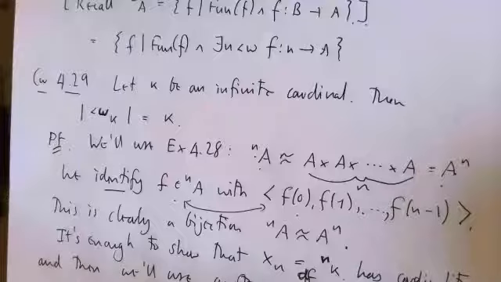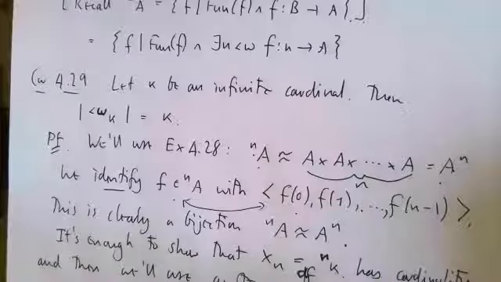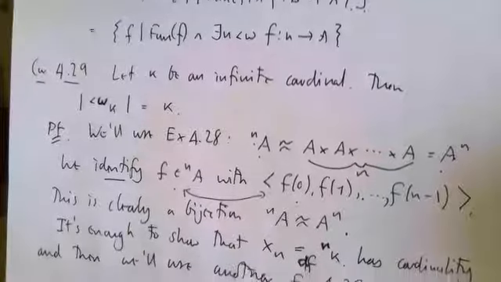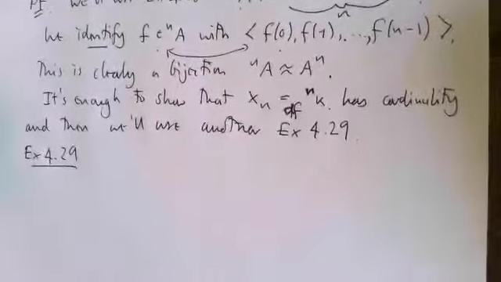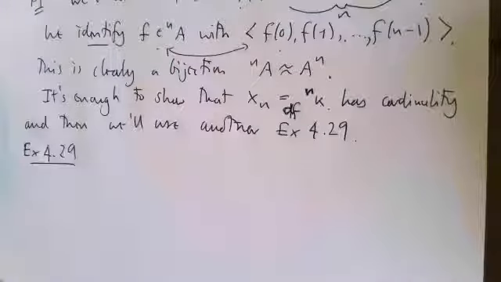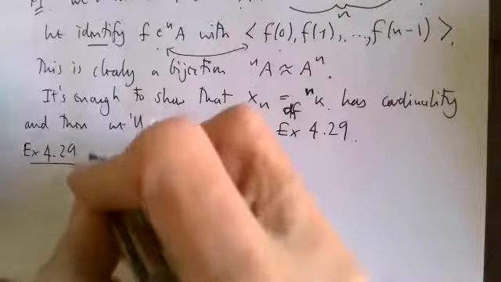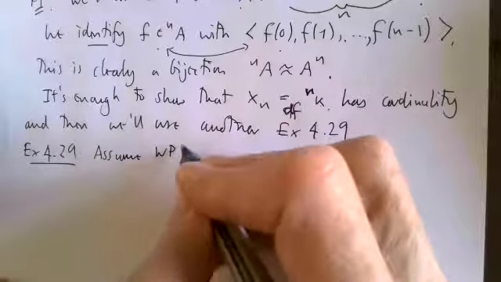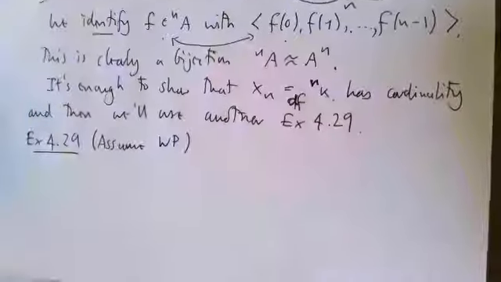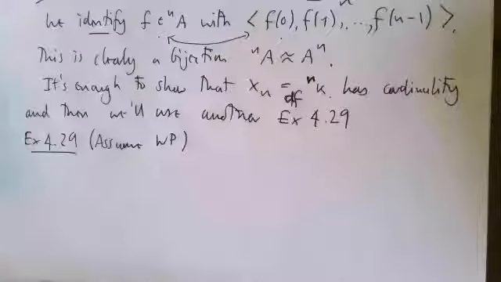So then we use another exercise. And what does exercise 429 do? Sorry, can you move the page up, please? Sure. So we assume the well-ordering principle, which we do usually anyway, but it's just emphasizing that it's necessary here.